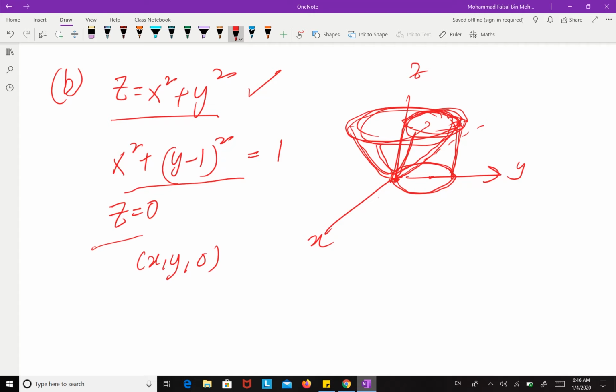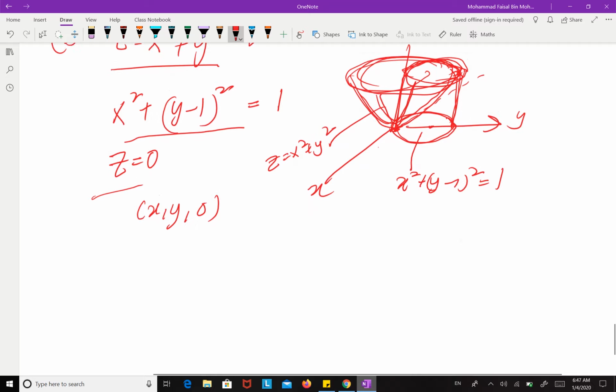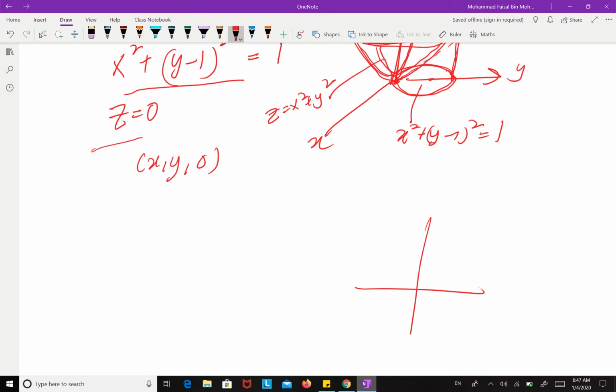So this is x squared plus (y minus 1) squared equals 1, and this is z equals x squared plus y squared. I just put the biggest one. From the circle we have 0, 1. Always focus on the xy plane first.